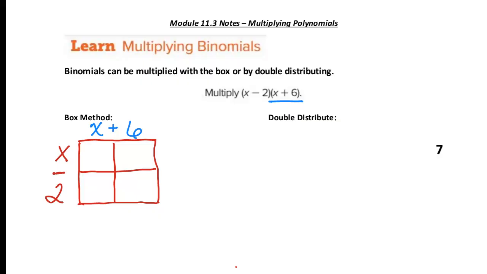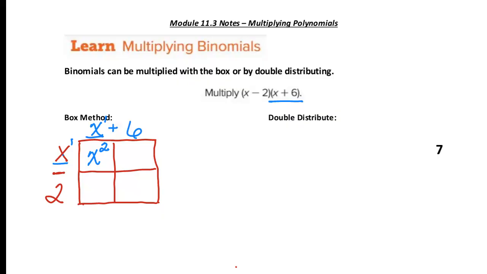All right, so then you multiply your first row times your first column. So we have an x here times x here. X times x is x to the first times x to the first. What do we do with those exponents? You add them. So x to the first times x to the first gives you x squared.